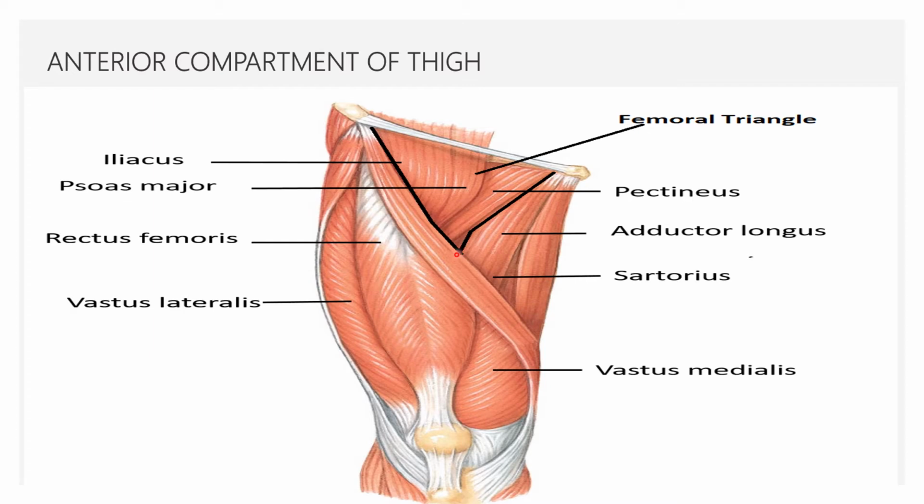It is having apex, base, medial border, lateral border, the roof, and the floor. Roof means the structure covering the femoral triangle, and floor means the structures on which the femoral triangle is resting. So let us learn all the parts of femoral triangle.